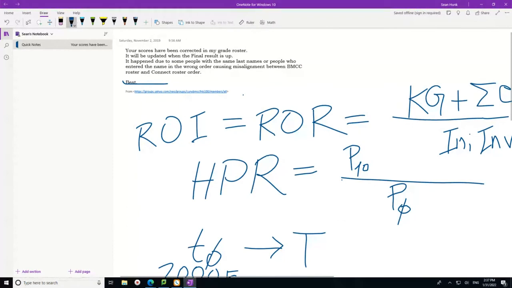These subscripts are called time subscripts, right? They are just time markers. They are not numerical value.